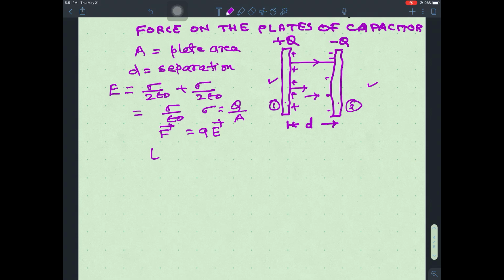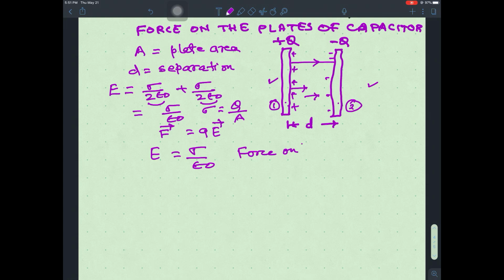This is the rough analysis. So E is equal to, as we have already discussed, sigma by epsilon naught, which is due to both plates, one portion due to the positive plate and one due to the negative plate. So the force on plate 2 is equal to QE, where E is due to plate 1.